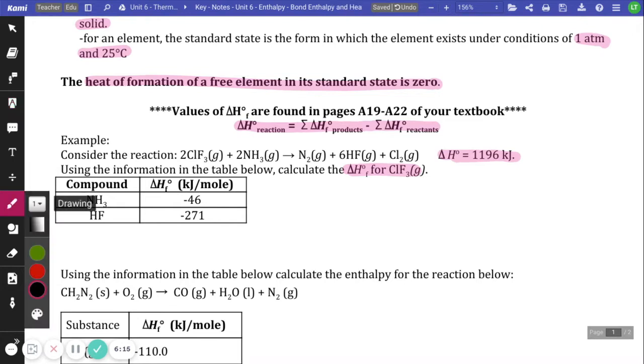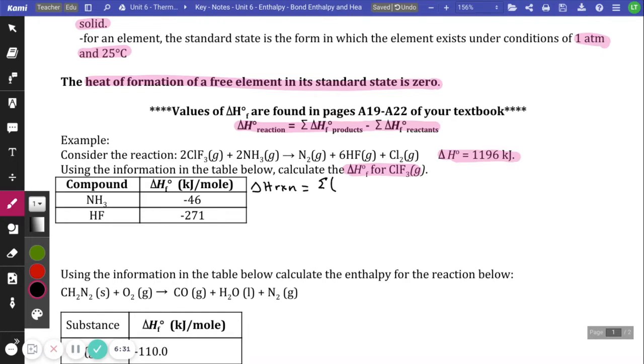All right, so let's plug in our data values. We know that our delta H of our reaction is going to be equal to the sum of the heats of formation of our products.